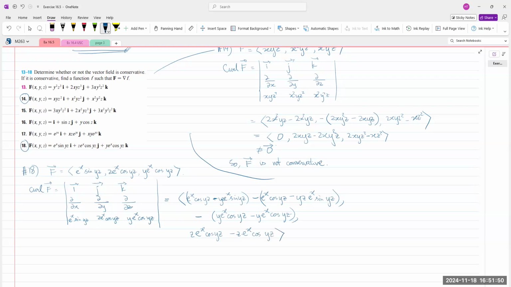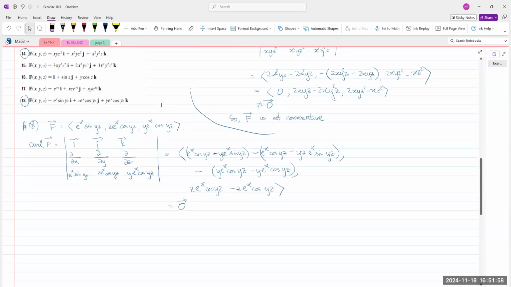Hey, they actually cancel out, huh? Surprise, surprise. So the curl of the vector field is 0, so that vector field F is conservative. I was not expecting this.